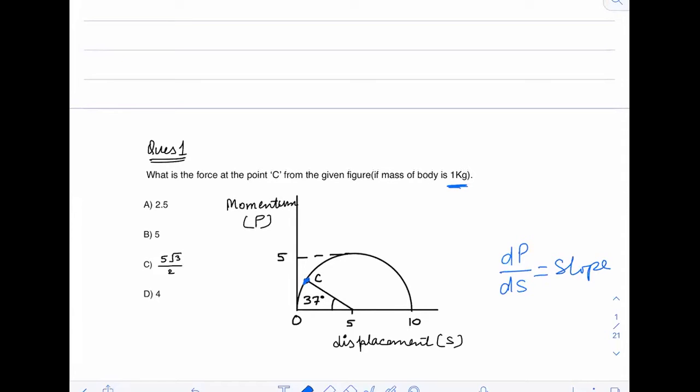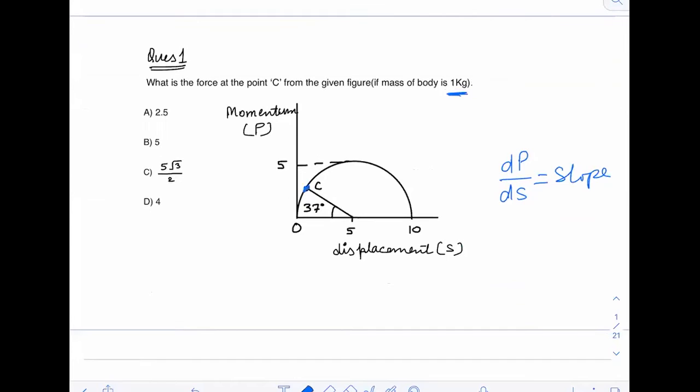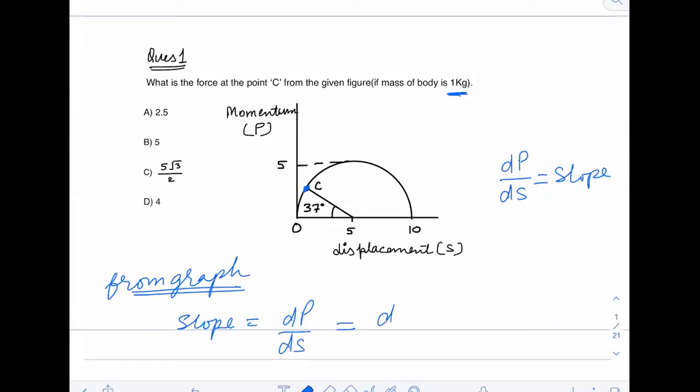Mass is given to me. Now I have to focus on the acceleration. Now I can write slope is equal to dp by ds. This I'm writing from the graph. Now, what is p? p is momentum here. So can I write this momentum as mv by ds?